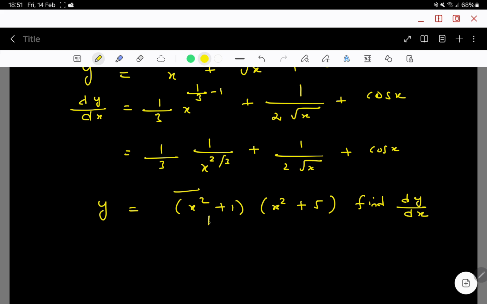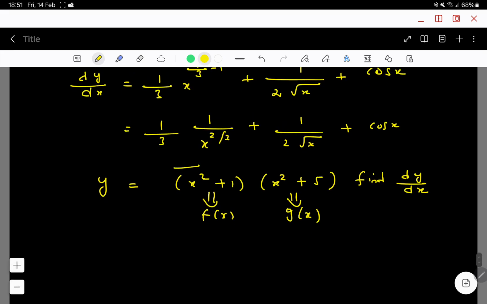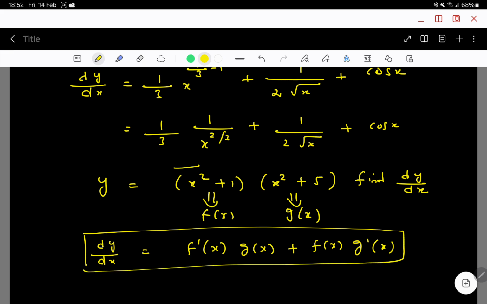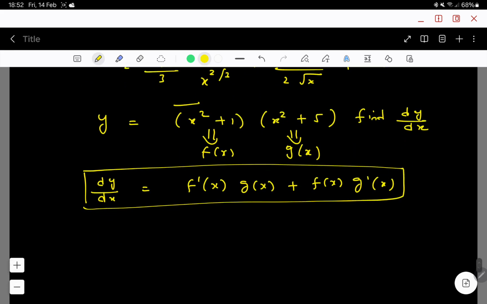Here this is taken as f of x, this is taken as g of x, okay. The rule is first differentiate f of x, f dash of x, g of x, plus write f of x, next to differentiate g of x, that is g dash of x, okay. This is the rule to follow if two functions are in product.